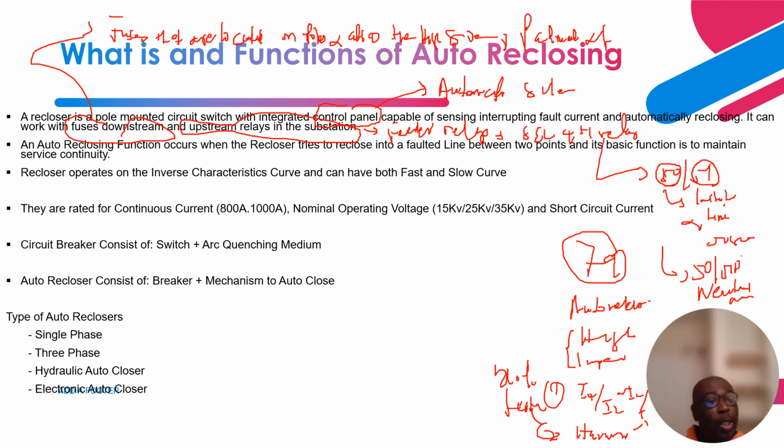Okay, so the recloser also operates on an inverse characteristic, just like a typical feeder relay, where the 51 element operates on an inverse scale, where you have time and current over here.